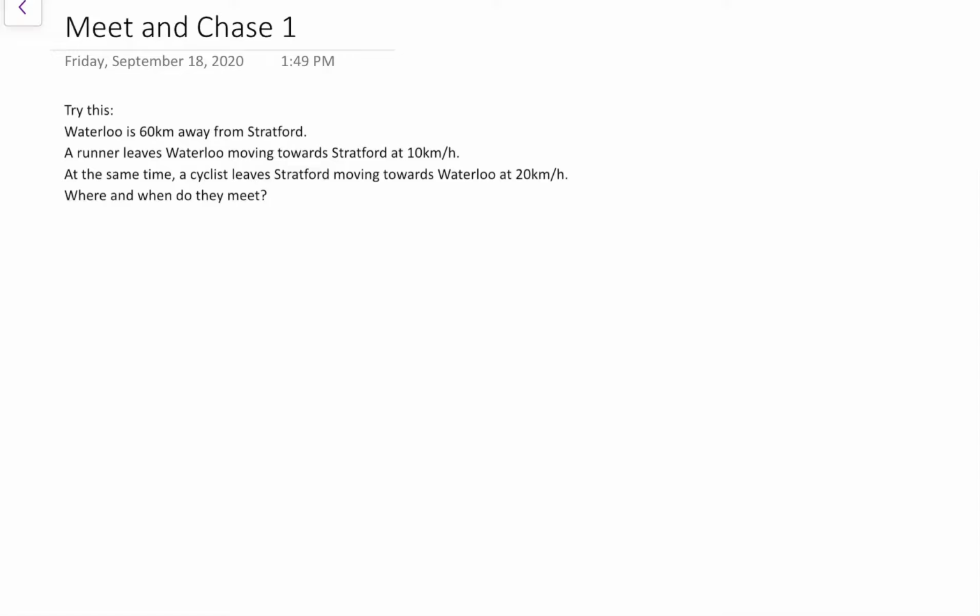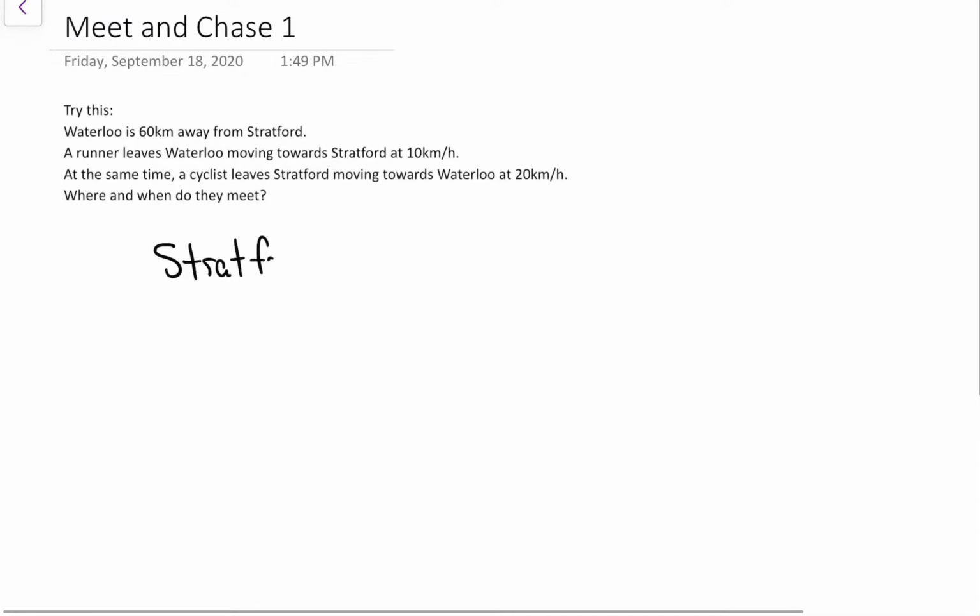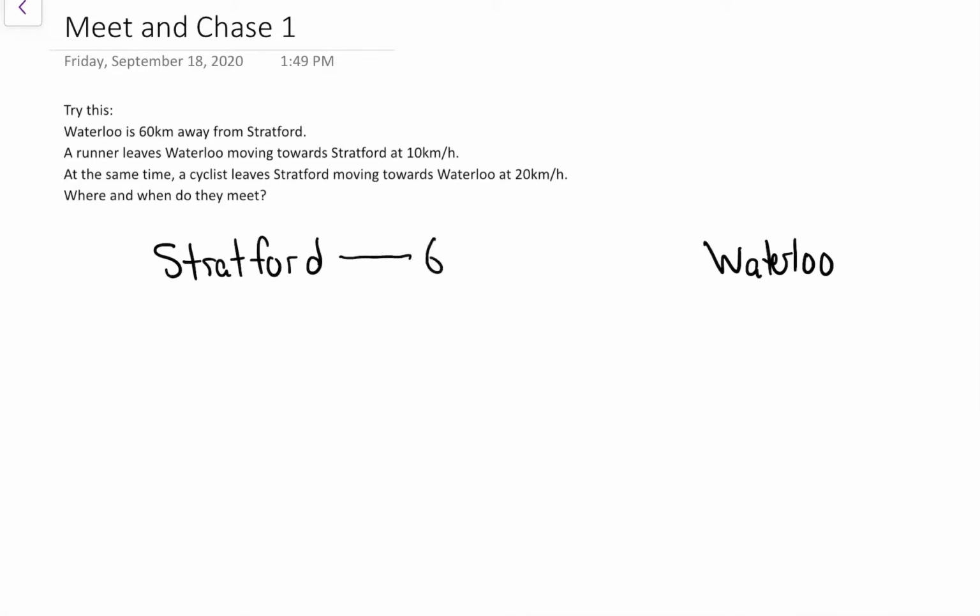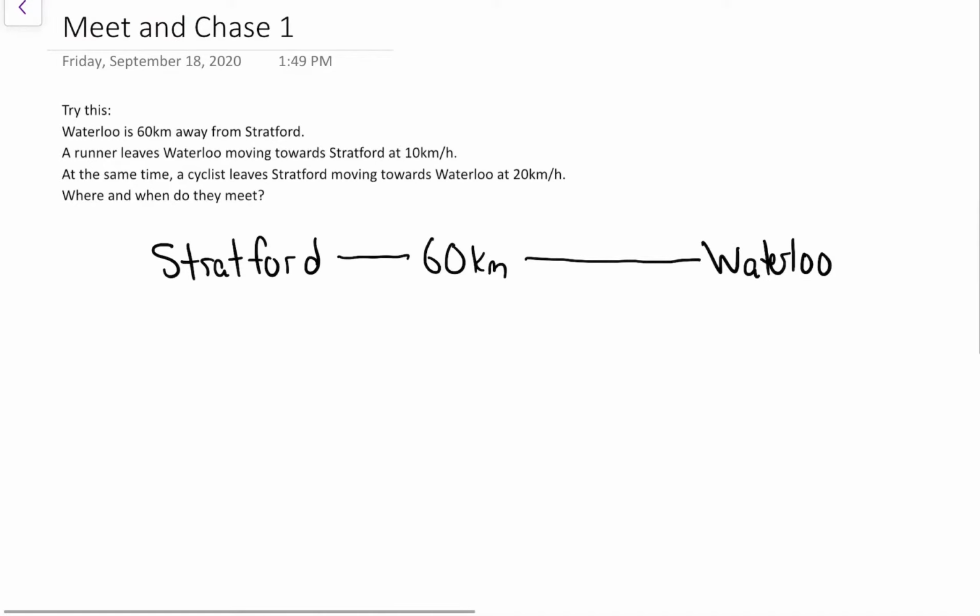Here's what I know. Stratford is west of us, so I'm going to put it here. We've got Stratford and we've got Waterloo. They are 60 kilometers apart. I'll need that later. I don't need that right away. A runner leaves Waterloo moving towards Stratford at 10.